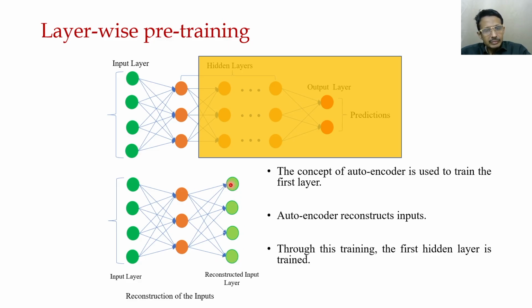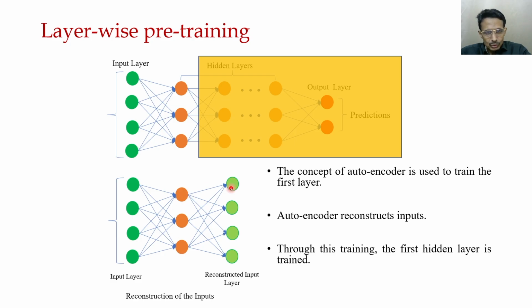Definitely there will be some error, and we take this error as our loss function, take the error gradient, and use backpropagation, which is very useful here because it is only a single layer. There is no vanishing gradient because it is only a single layer.